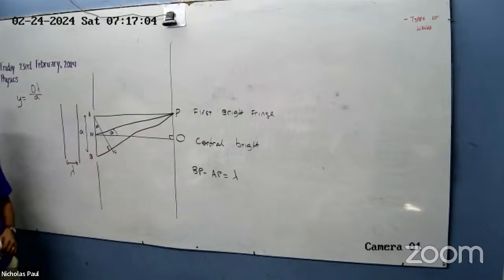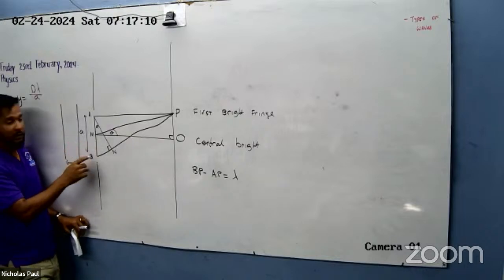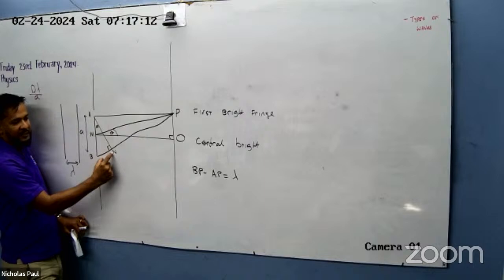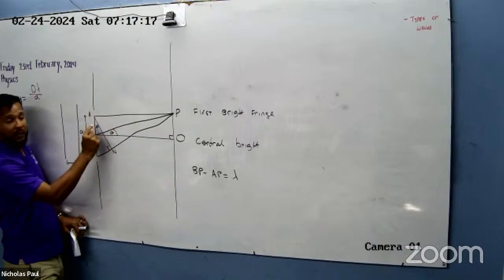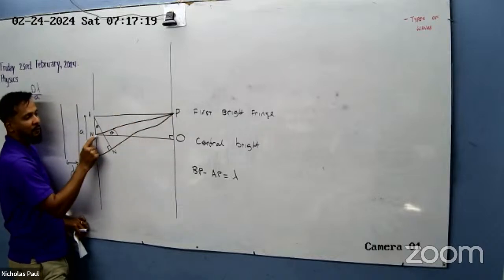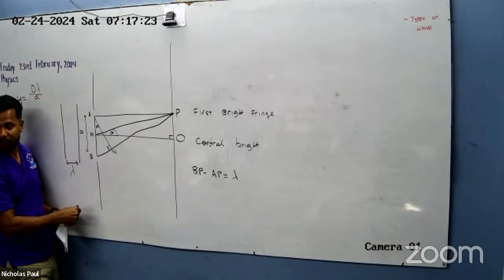Straight lines, everything straight. You'll follow how I got the two triangles. I drew a line down here, and this was the path difference. So I'm focusing on this triangle, and I drew a line from P to M, and I'm focusing on that triangle. They both have the same angle, theta.